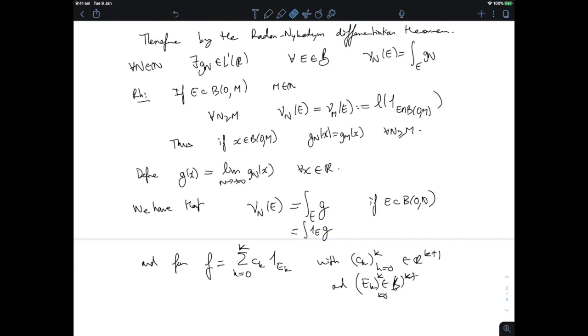Alright, it's a bit of notation. So some Borel sets that are all included in a certain ball.